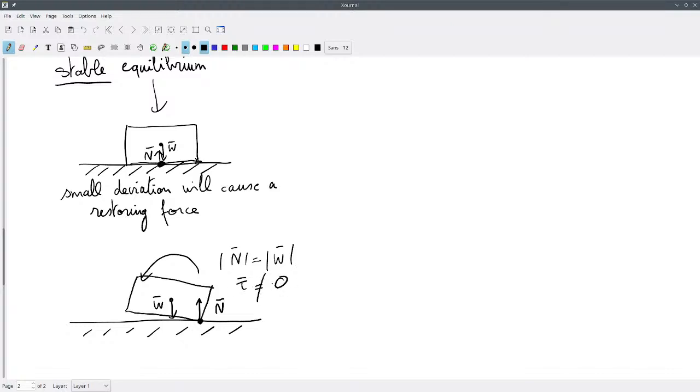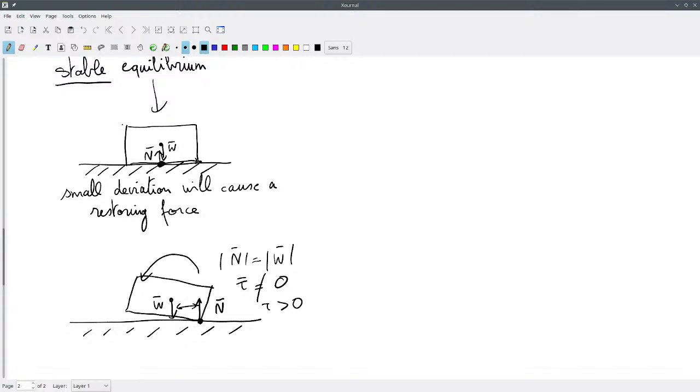The torque will be non-zero and will be given by the weight times the distance between those two lines of action. And that torque will be positive, right? It's positive because by the right-hand rule, it will be pointing out of the plane. And that will bring the box back to its stable equilibrium.